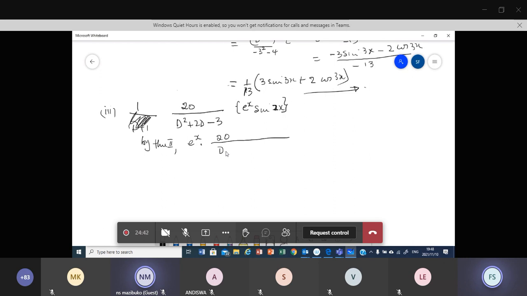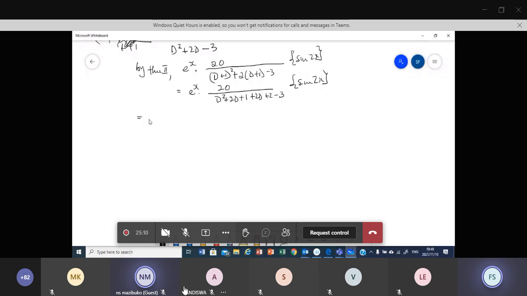Next, it's e to the power x, 20 all over D squared plus 2D plus 1 plus 2D plus 2 minus 3, all acting on sine 2x. Please, you have to be careful about these theorems, people. When we solve, we'll be applying these theorems.